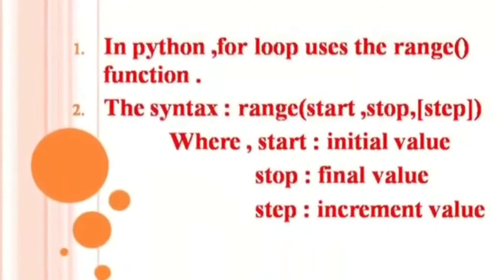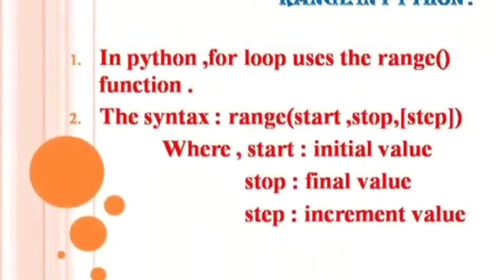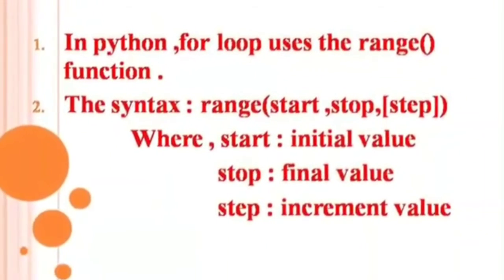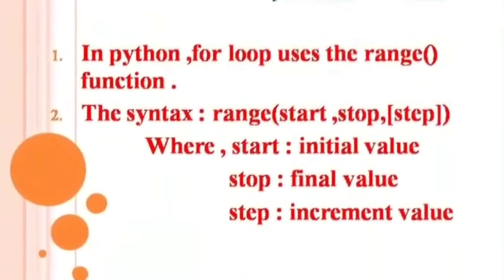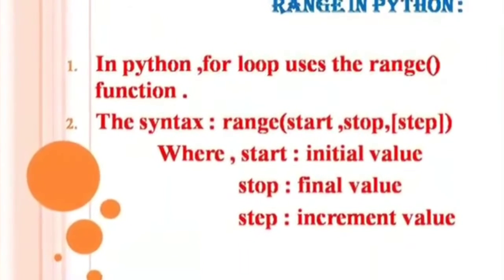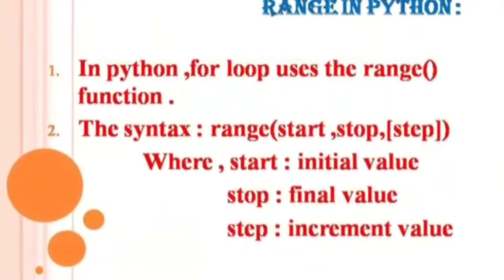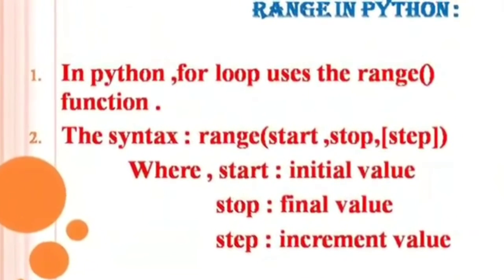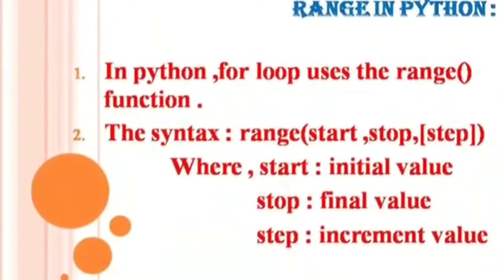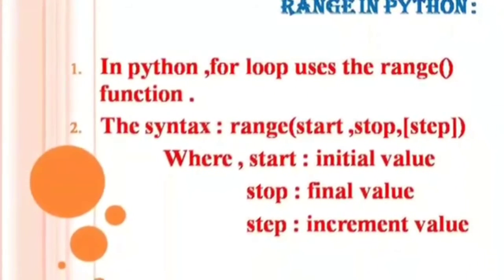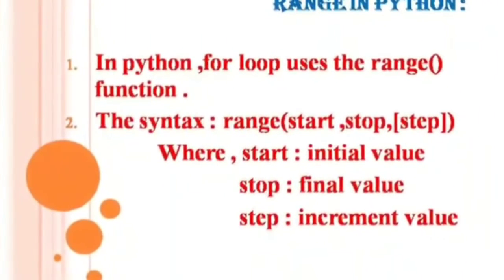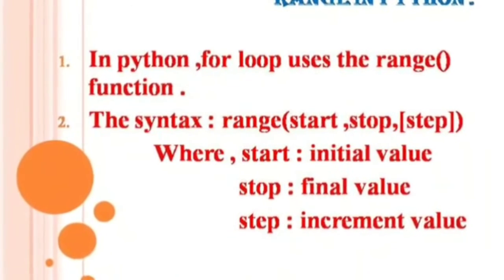Now we will see what is a range. In Python, the for loop uses the range function. The syntax is range(start, stop, step). Here start is the initial value, stop is the final value and step is the increment value.